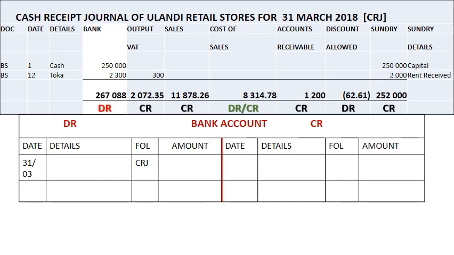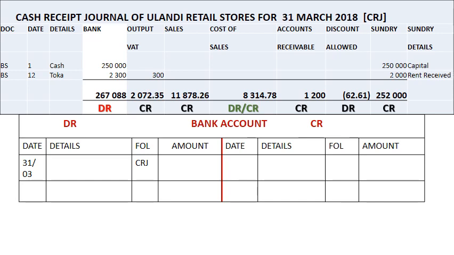Normally, this process of posting into the general ledger is done once a month, at the end of the month. By posting now the total of the bank account, we will go to the bank account on the debit side, and show the date as at the end of the month, 31st of March.